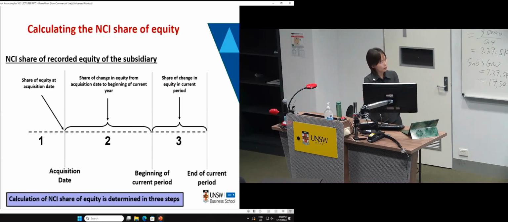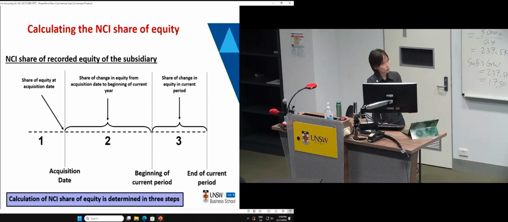Now, in the second step, still stage one, okay, we look at the changes in the subsidiary's equity balance from the acquisition date to the beginning of the current year. Usually you can find the changes in retained earnings and reserve accounts.